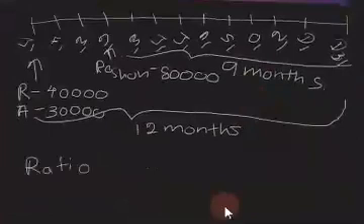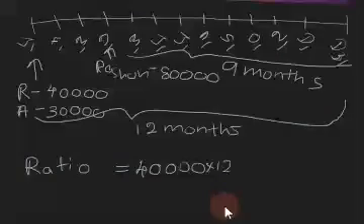When you write the ratio, you should consider both time and the amount. First one, Ravi: 40,000 invested for 12 months. Next one, Ajit: 30,000, again for 12 months. Last one, you should write in the same line.